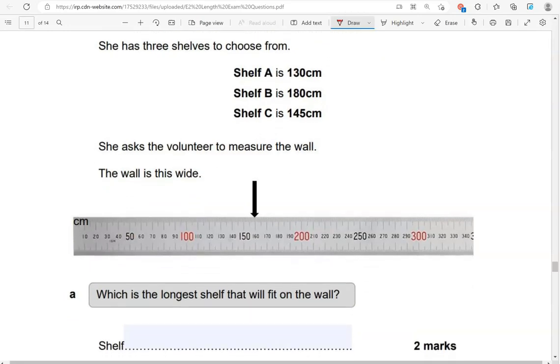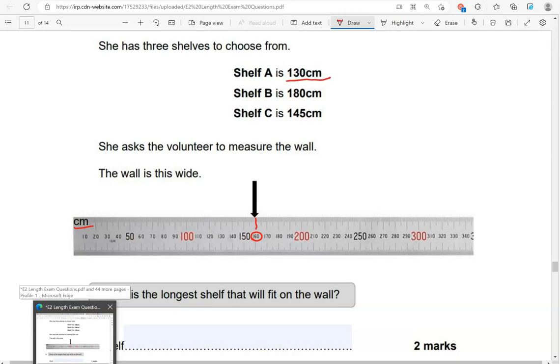So this is 160 centimeters. So we're looking for a shelf that will fit within that. So it has to be 160 or below. 130, that is smaller, so that is an option.